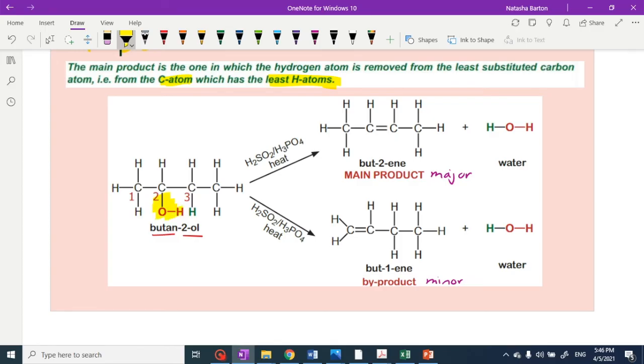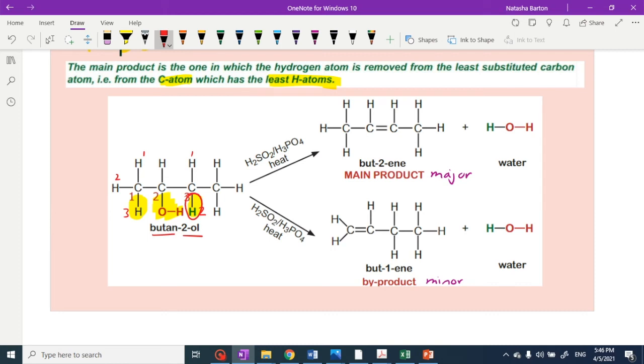Now we need to decide, are we going to take a hydrogen atom from the carbon on the left or from the carbon atom on the right? Zaitsev's rule says we are going to remove the hydrogen atom from the carbon on the right because it only has 2 hydrogen atoms attached to it, whereas the one on the left has 3 hydrogen atoms attached to it.